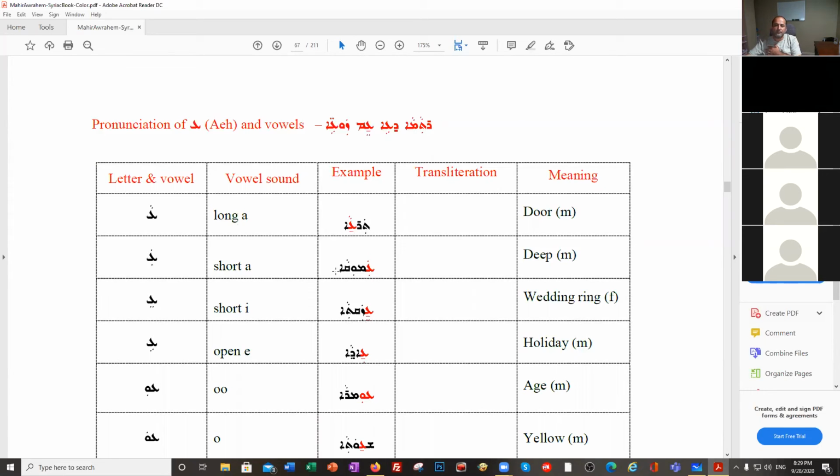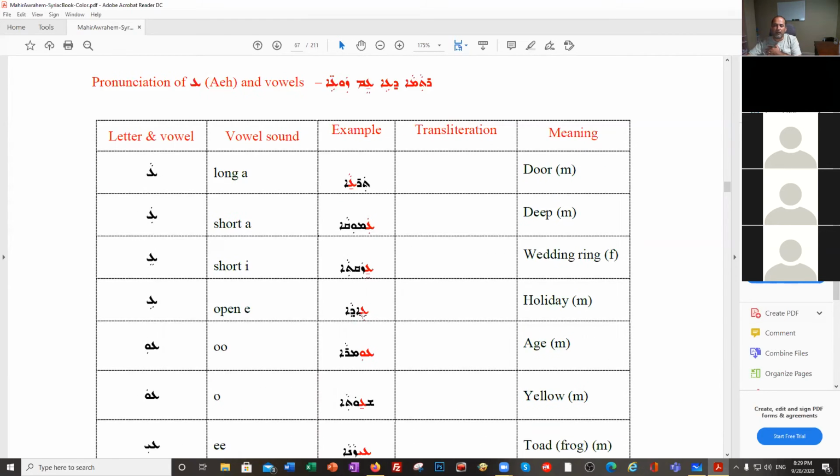Amuqa. Here, because I have too many lines, it's a little bit down there. If you see those two dots here, it is isiqtha, the sound of isiqtha. Or eda.